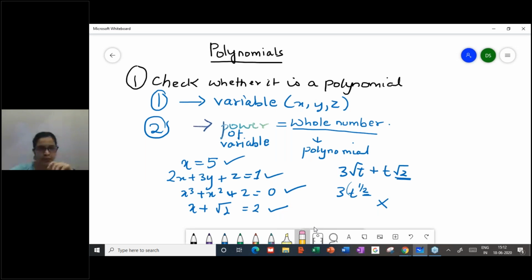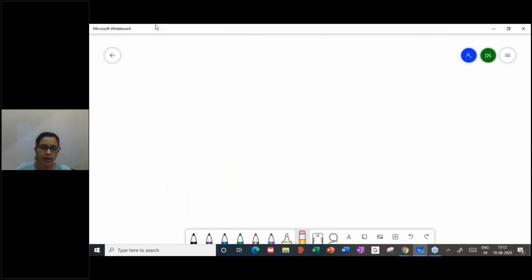Okay, what I'll do is I'm going to quickly explain. Suppose it's something like x plus 3y is equal to 4. This term I'm going to put as x square.